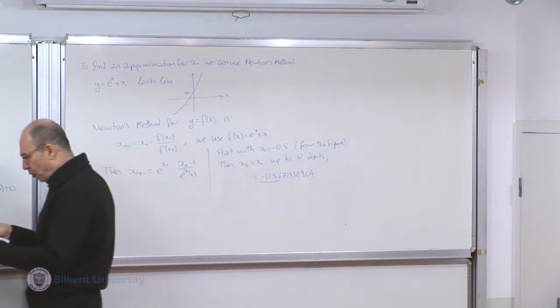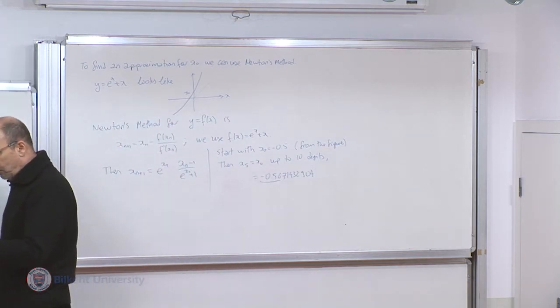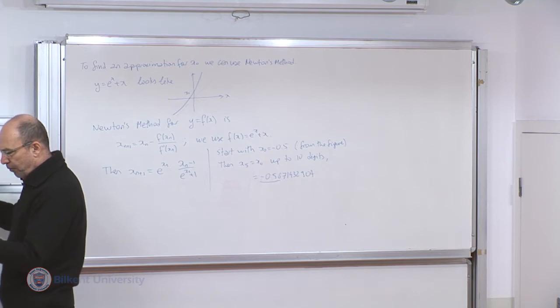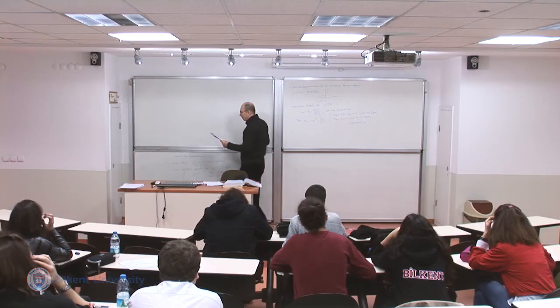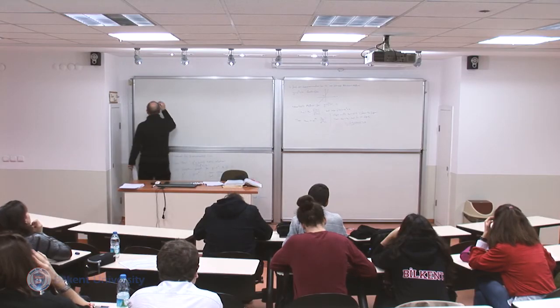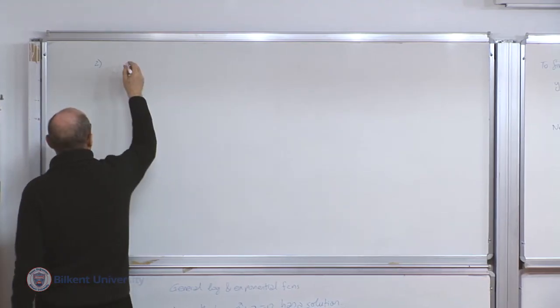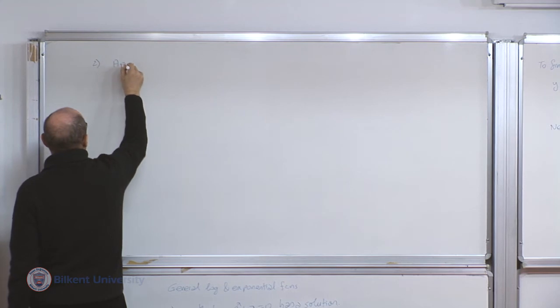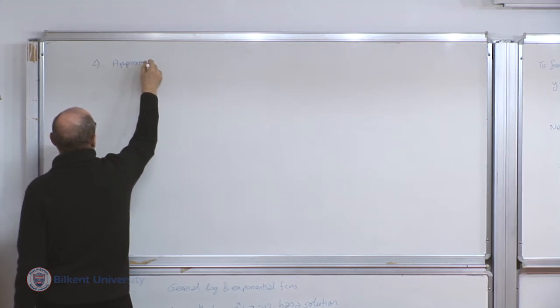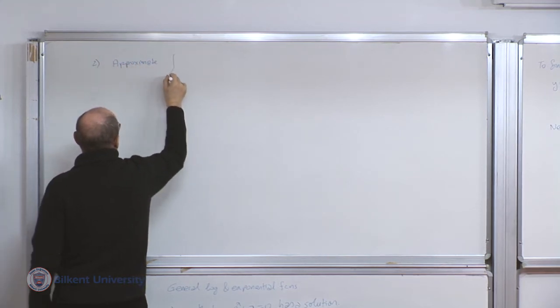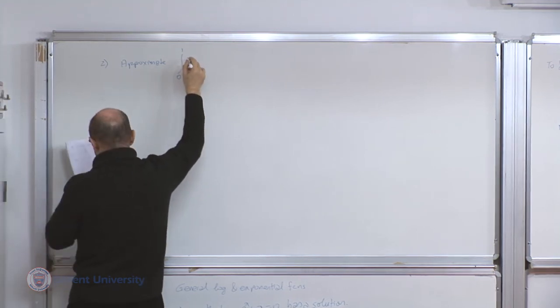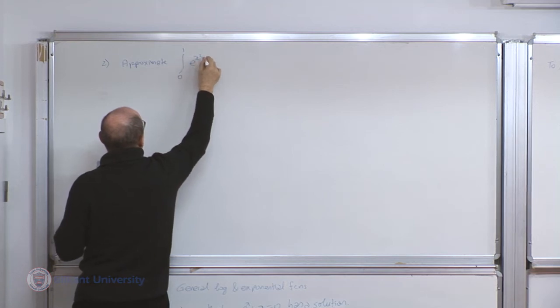So let us use another thing. Later on we'll have other methods of doing this, but this function: approximate the integral from 0 to 1 of e to the x squared dx.